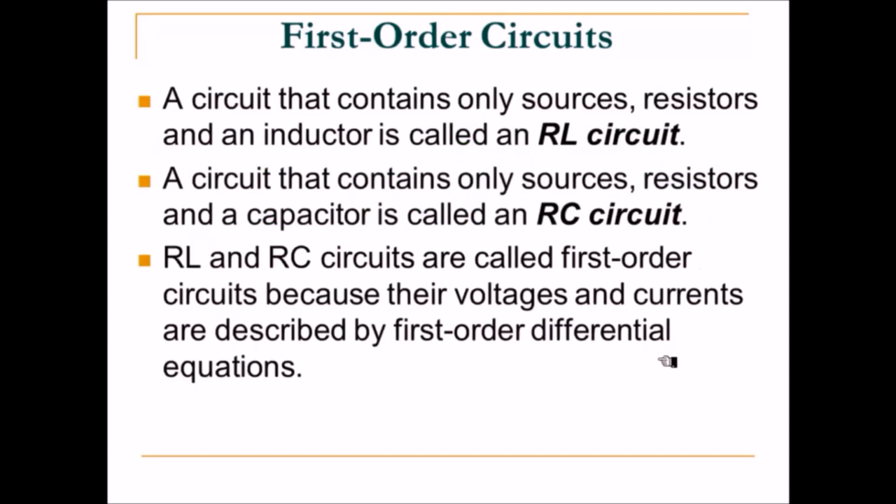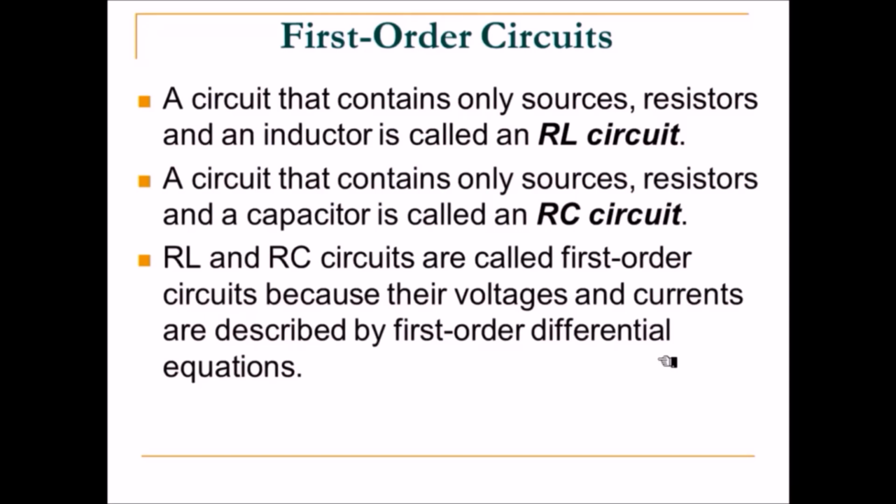A circuit that contains only sources, resistors and inductors is called an RL circuit. A circuit that contains only sources, resistors and capacitors is called an RC circuit. RL and RC circuits are called first order circuits because their voltages and currents are described by first order differential equations.